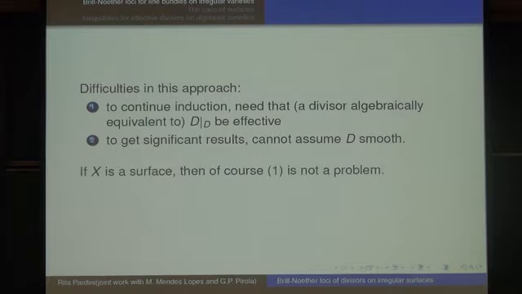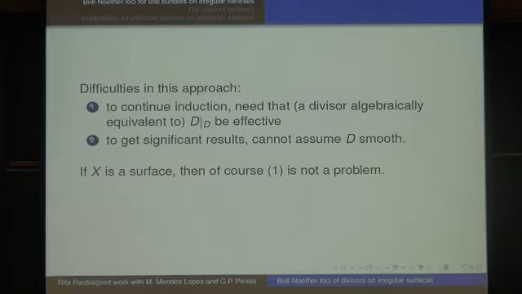And of course, if you start with a surface, then D is a curve, and the condition that there is a divisor which is effective and algebraically equivalent to your given one is no problem. You just need the self-intersection of the divisor to be positive.